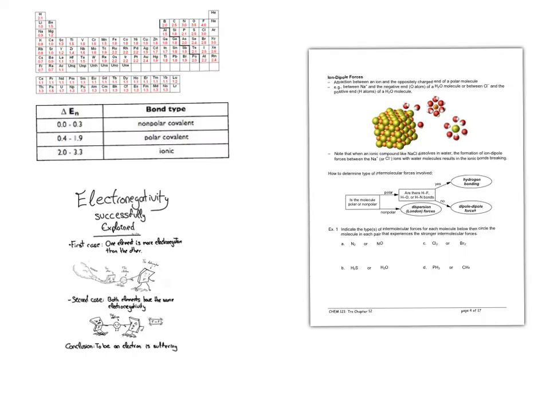Okay, electronegativity differences, and how do we determine if a molecule is polar or nonpolar? Why is that important? Well, when we're talking about ion-dipole forces, we're talking about something like water that has a permanent dipole, right?